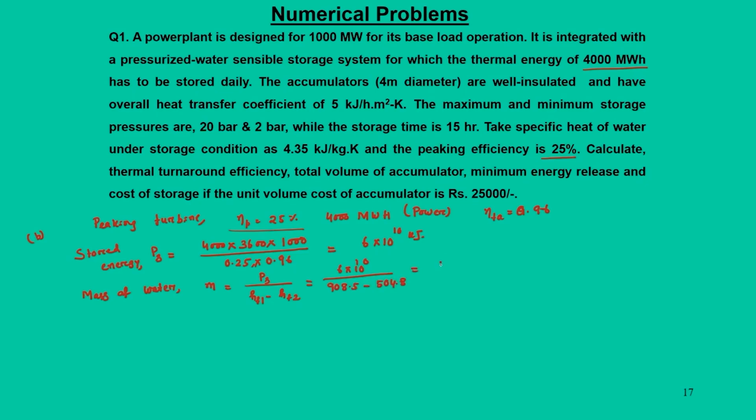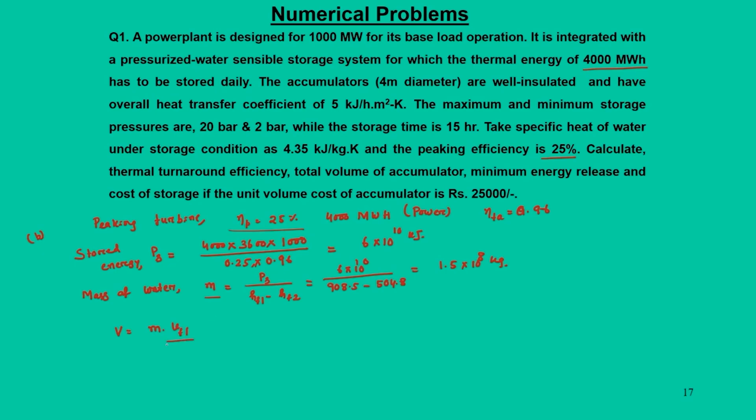So, this number is 1.5 into 10 to the power 8 kg. Then once you know this mass, the volume can be found out. Volume is equal to mass into specific volume. Total volume will be mass times its specific volume.